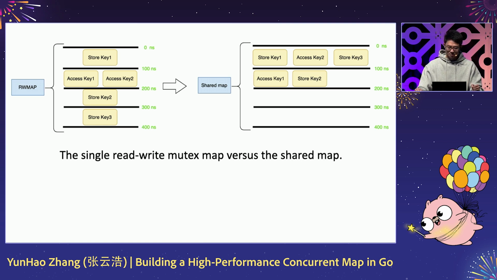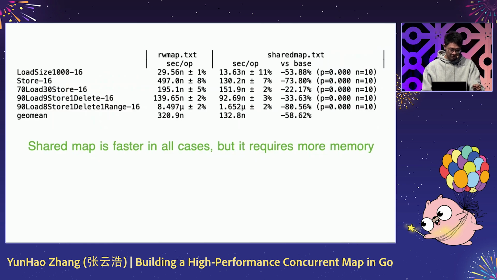For the shared map, write operations can be executed concurrently because they are in different submaps. So let's take a look at the benchmark. It is a great optimization. The shared map is faster than the single read-write mutex map in all cases.